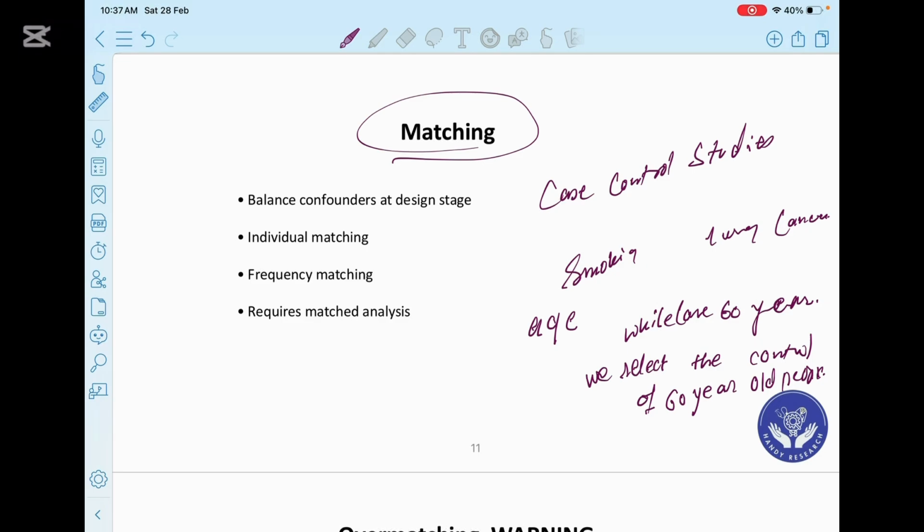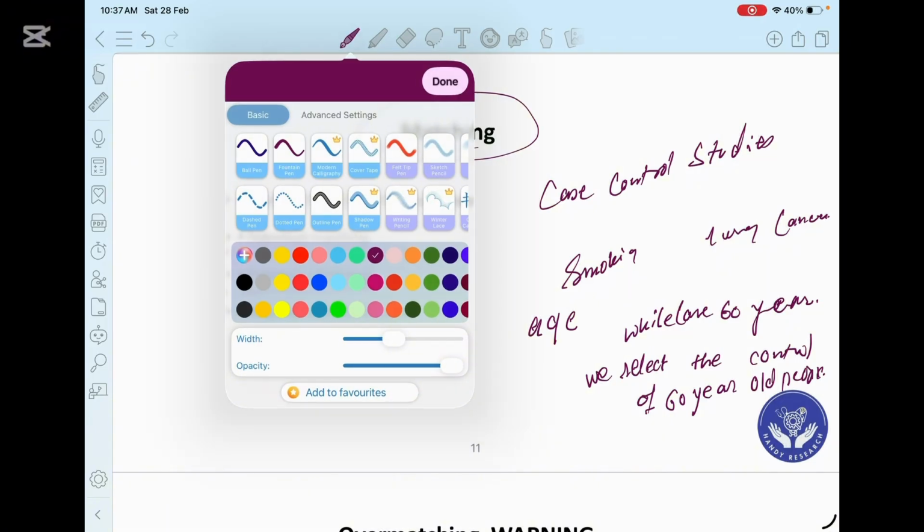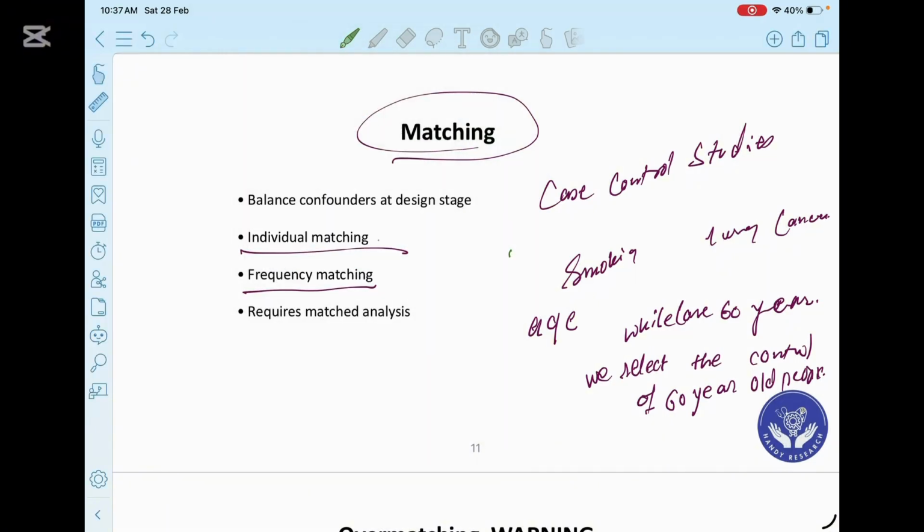So there are two main types of matching: individual matching and frequency matching. Individual matching pairs each case with a specific control, while frequency matching ensures the overall group distribution is similar.